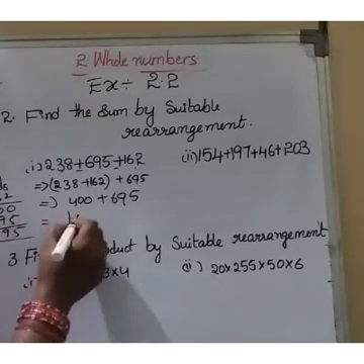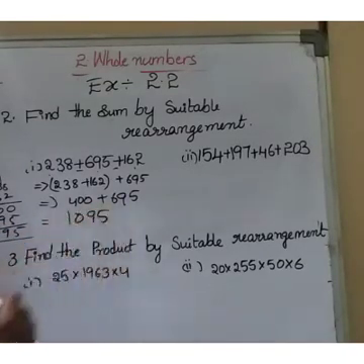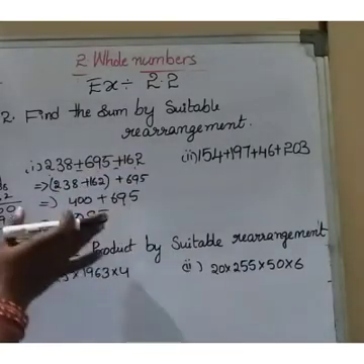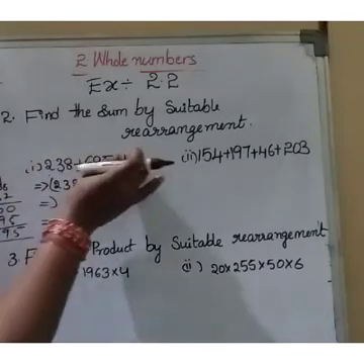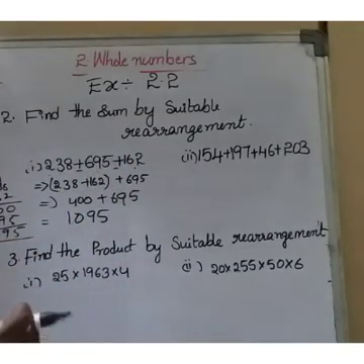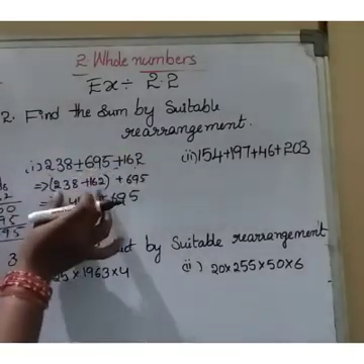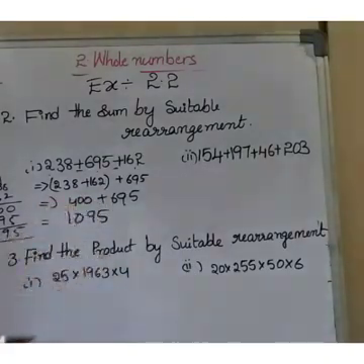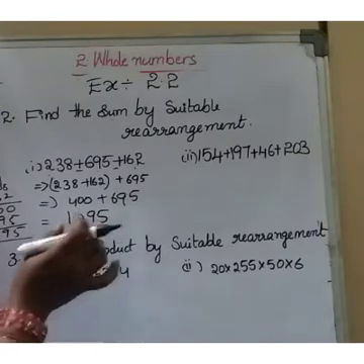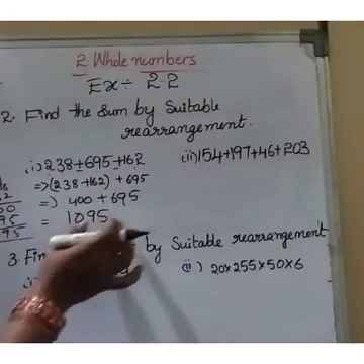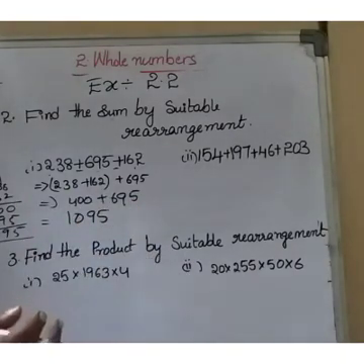Total is 1095. When we add these two in the other order we also get the same answer, but it is very easy to add when we take the small numbers here. Okay. 238 plus 162 in one bracket, then the total is 400 plus the remaining 695. So arranging like this, the total is 1095.